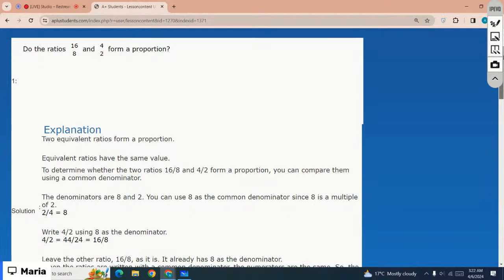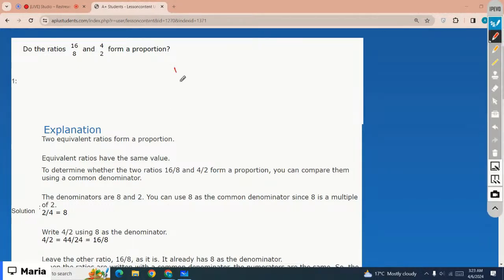And how do we know the ratios are equivalent? If their cross product is equal, that means yes, they are equivalent. You already know this, right? Just look at the examples. Do the ratios 16 by 8 and 4 by 2 form a proportion? Just find their cross product. 16 times 2 is 32 and 4 times 8 is 32. See, both sides are exactly equal.